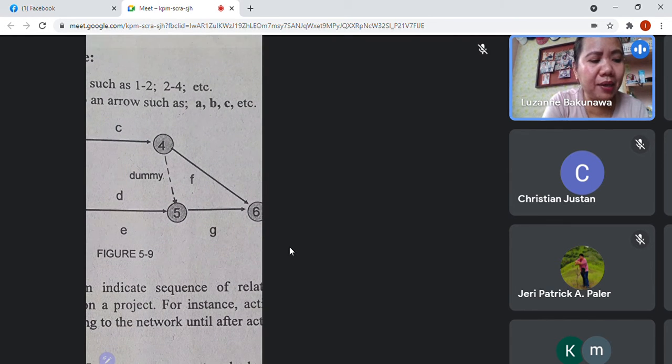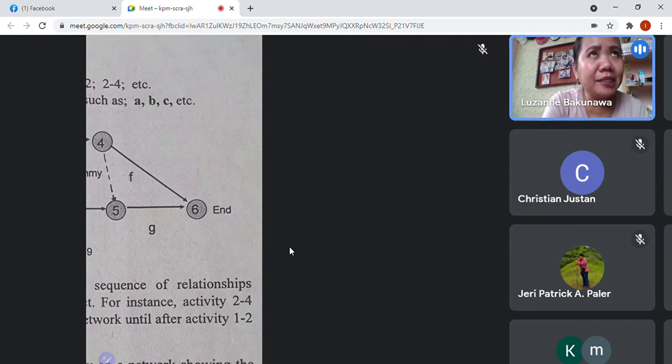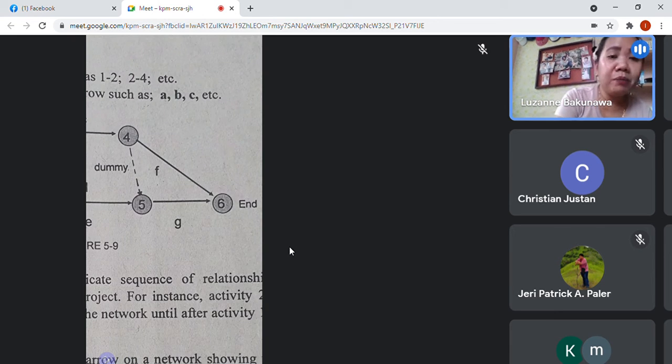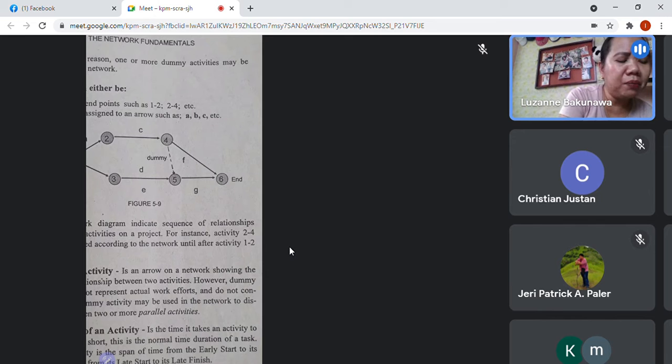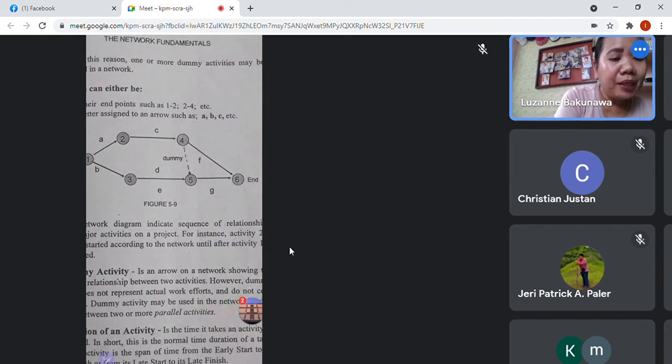So naay slack time, bali sobra nga time. So pwede nimo ang mga tao nimo nga nagtrabaho sa activity C, pwede nimo siya patabangon diri sa 5. Okay?